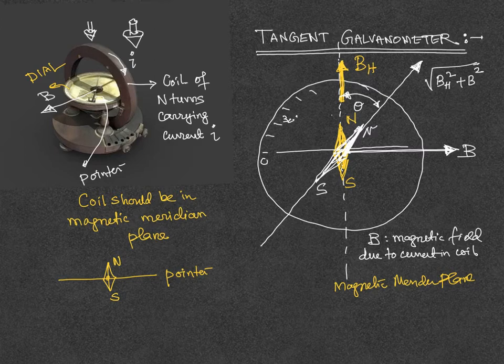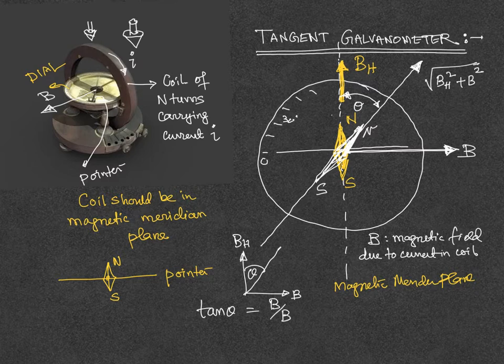Now we see the relation between BH and B. This is the vector BH and vector B. So tan theta equals B divided by BH.